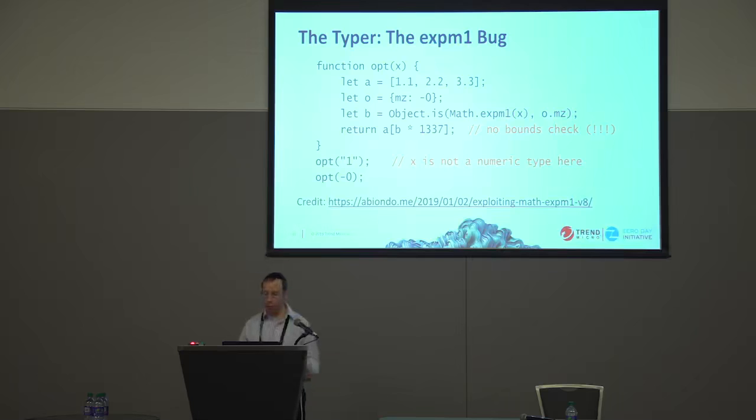And then after these tweaks, the JIT compiler will omit the necessary bounds check, and so far from being non-exploitable, this exp_m1 bug is highly critical, allowing out-of-bounds array reads and writes, and that is how the obscure exp_m1 math function and the value -0 became legend in JavaScript engine security research.